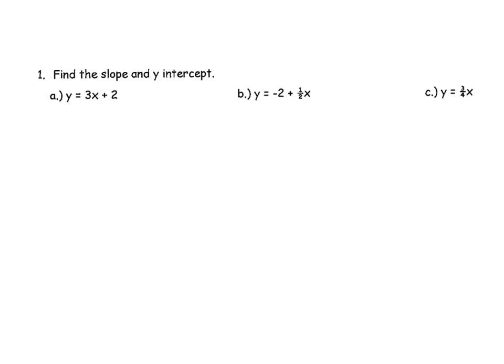Then I can identify my slope. What's my rise over run? What's my m? 1/2. Rise over run. Rise 1, run 2. What's my b? What's my y-intercept? -2. Okay, write down the ordered pair underneath of what it would look like.